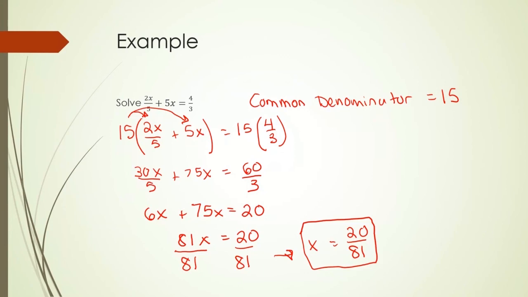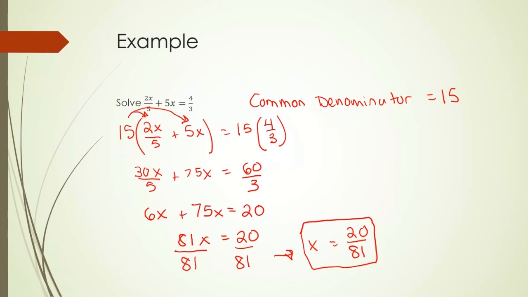So the trick here is that you identify what your denominator is, multiply everything by that denominator, and then the fractions will reduce out and basically disappear, and then you can solve like normal. You don't have to use the smallest number for the denominator.